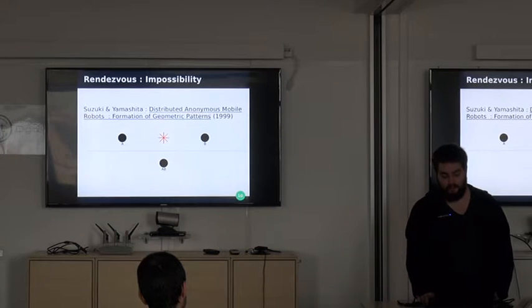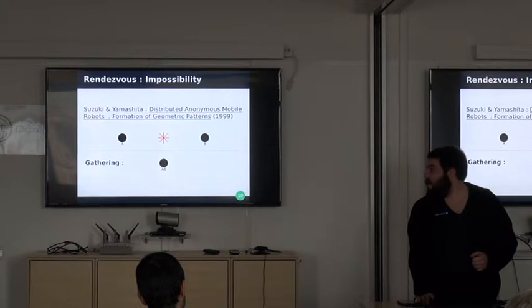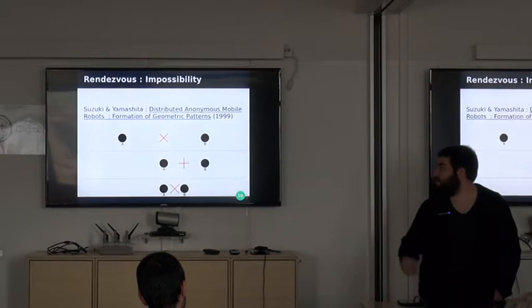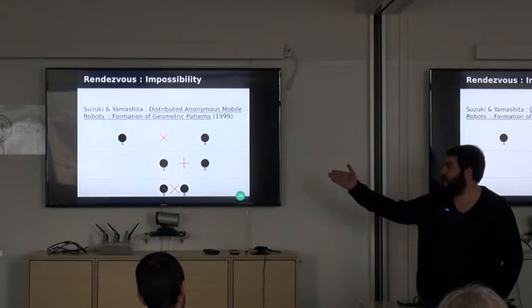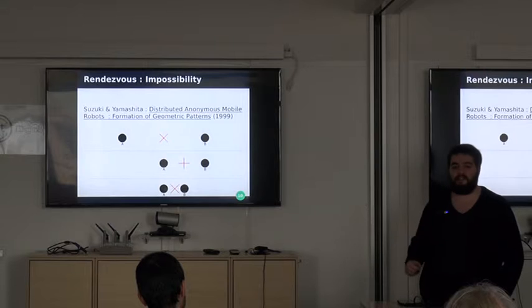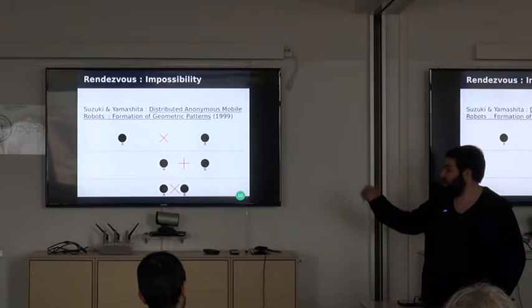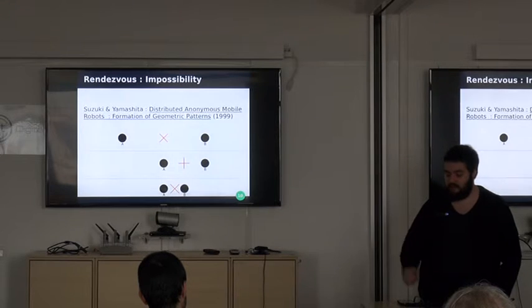Now, if you have semi-synchronous, where one robot can be not activated by a scheduler, what can happen is that robot A gets a target, it targets the midpoint. Then it moves to the midpoint, and then robot B is activated. It also targets the midpoint, but it's a different midpoint this time, and so on and so forth. And so the distance is decreasing towards 0.